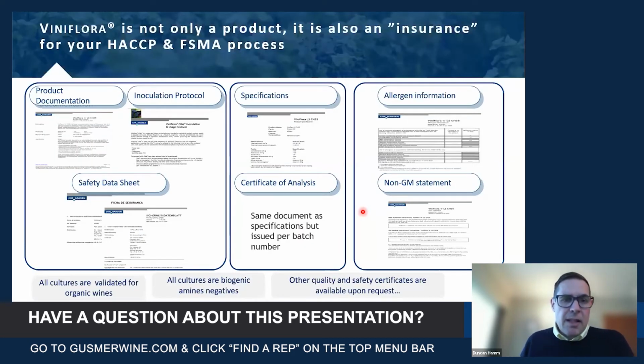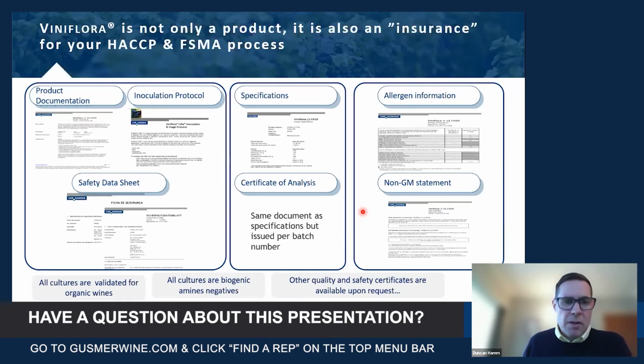Just on a similar theme, with Christian Hansen, we can supply the documentation needed, both for HACCP and for food safety modernisation processes, to help meet auditors' requests and to be aligned with modern food safety.